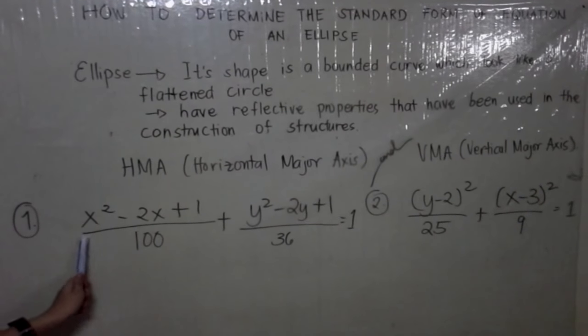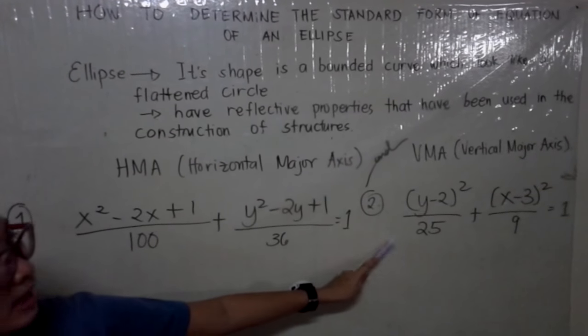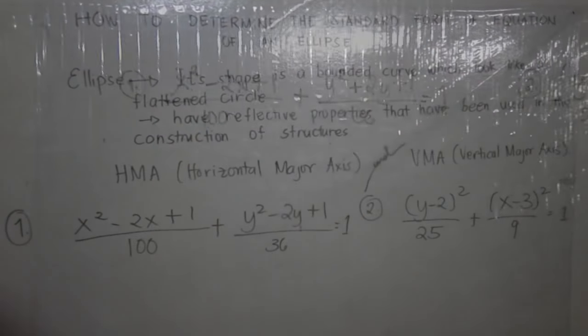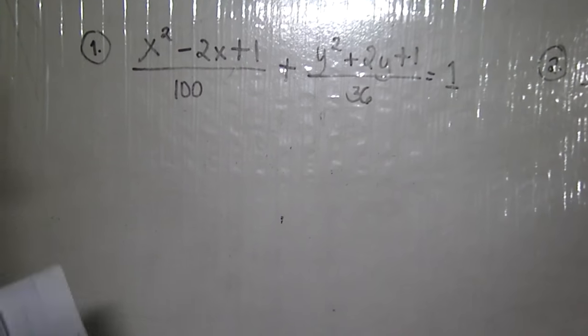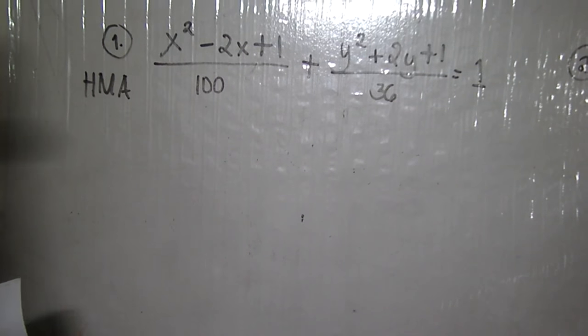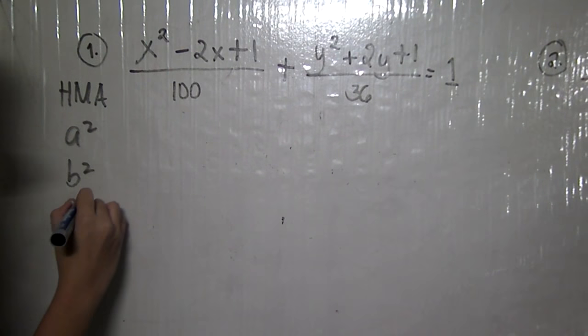This is the example of the equation of horizontal major axis, and this is the example of the equation of vertical major axis. So in order to find the standard form of the equation of an ellipse, we need to find a squared, b squared, and c squared.